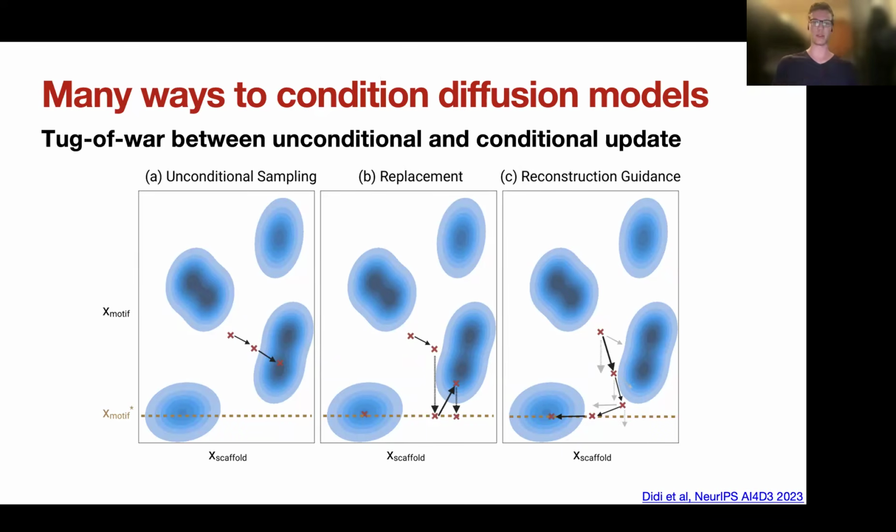These are data points, and your two axes are, the vertical axis is the motif coordinates you vary, and the horizontal axis is the scaffold coordinates you vary. In this case, these are orthogonal because these are very distinct. And if there's another condition, this could also be not exactly 90 degrees, but here we assume that. And we have this certain motif, x motif prime, which we want to conserve.